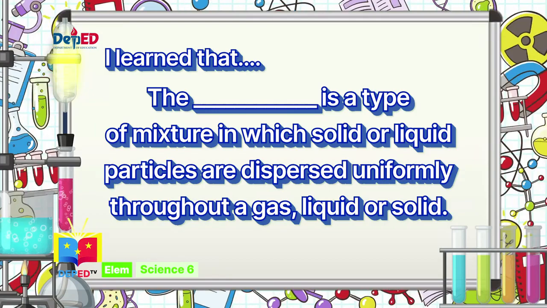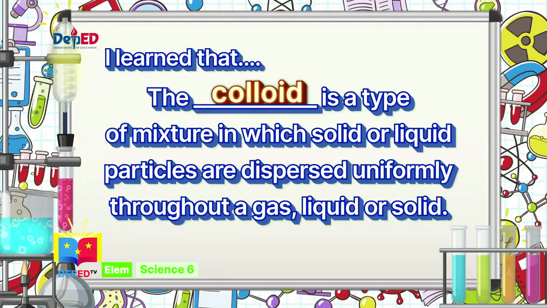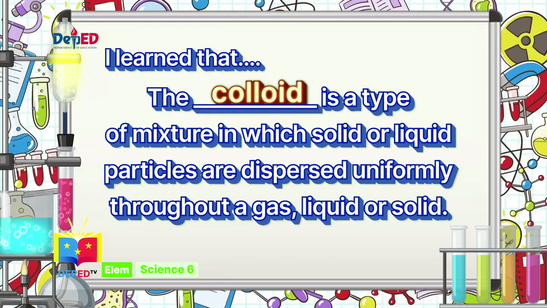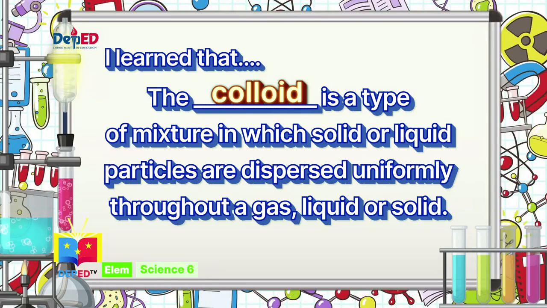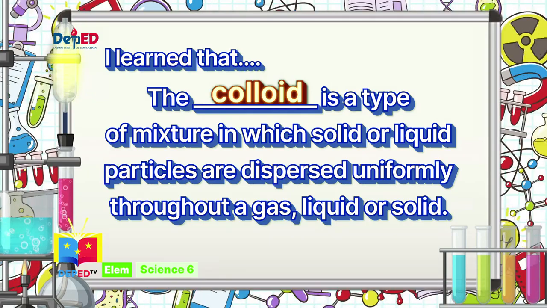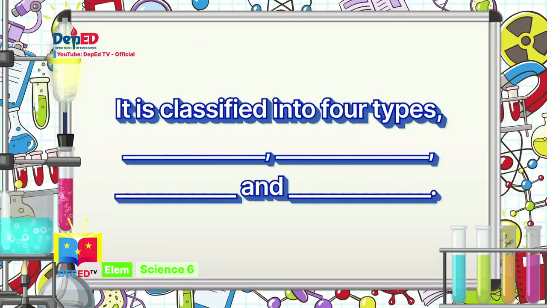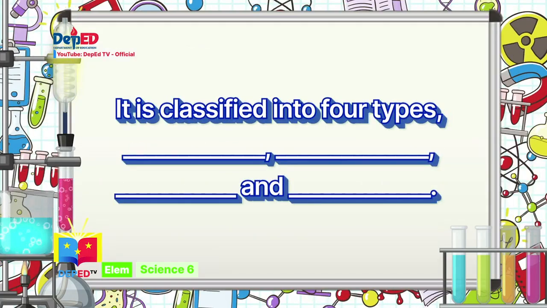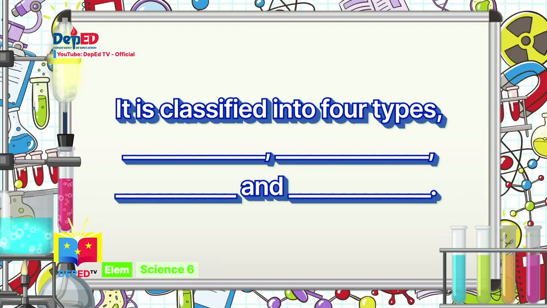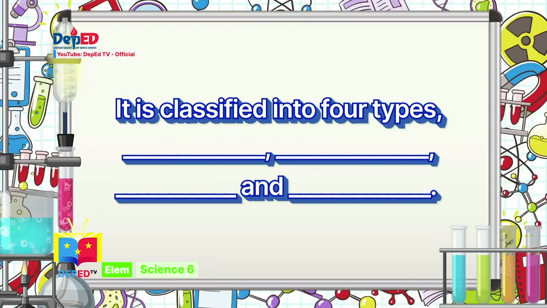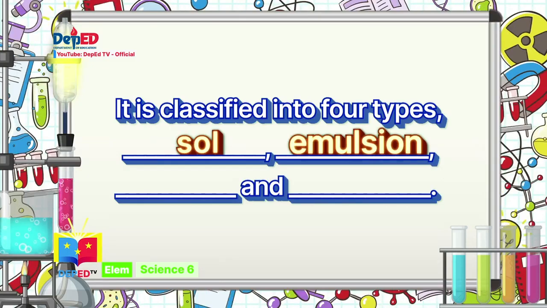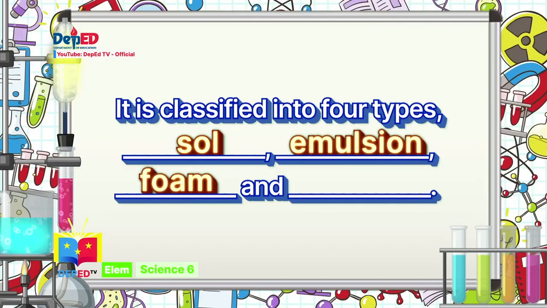The correct answer is the colloid is a type of mixture in which solid or liquid particles are dispersed uniformly throughout a gas, liquid, or solid. It is classified into 4 types: blank, blank, blank, and blank. Great! It is classified into 4 types: sol, emulsion, foam, and aerosol.